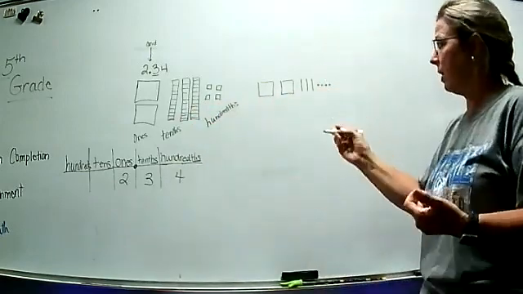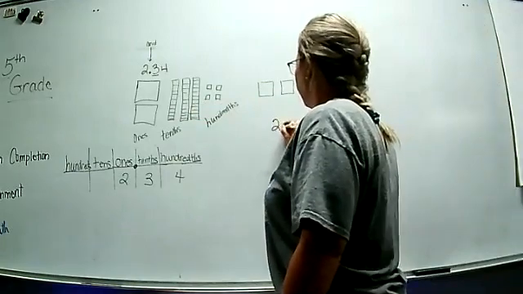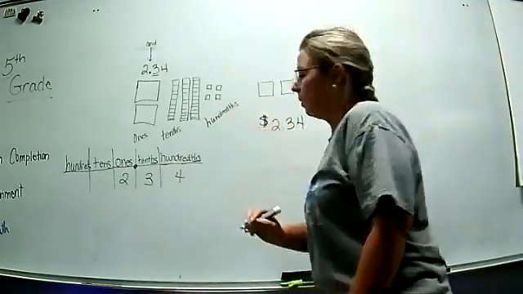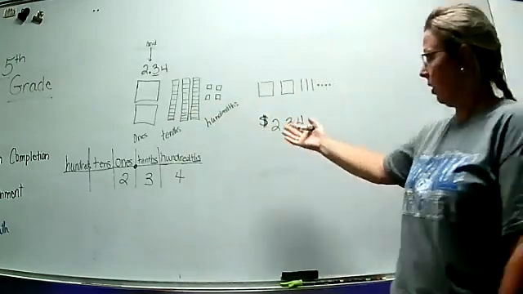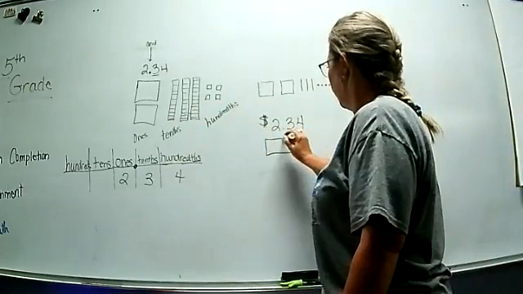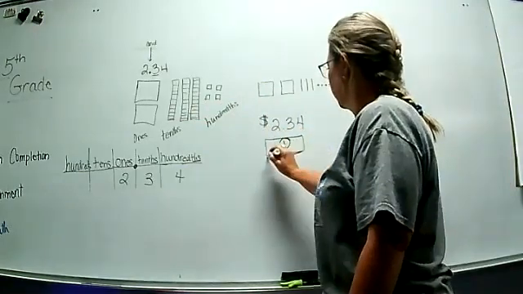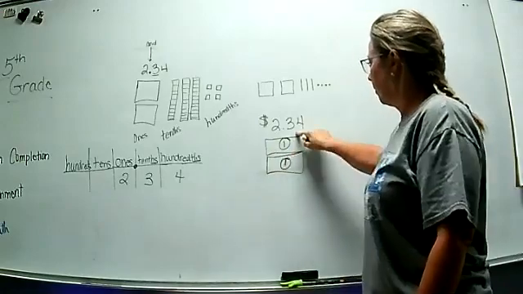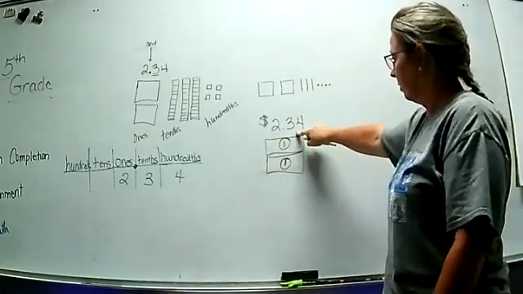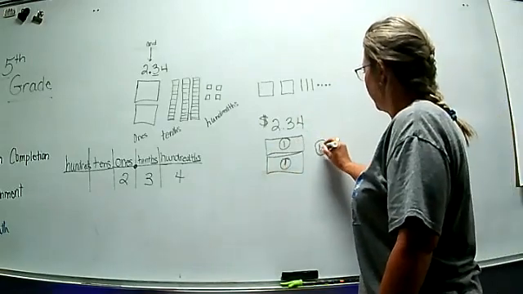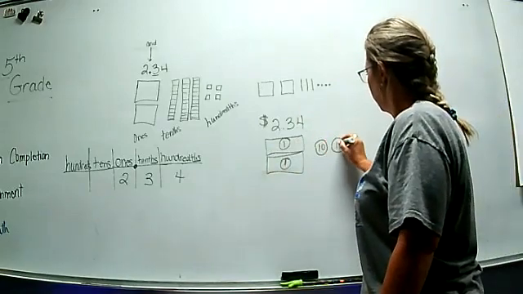Now, if we were to represent 2.34 with dollar bills and coins, we would just throw in a dollar sign. We could draw 2 $1 bills. This would be 3 dimes for simplicity. So dimes being your tenths.